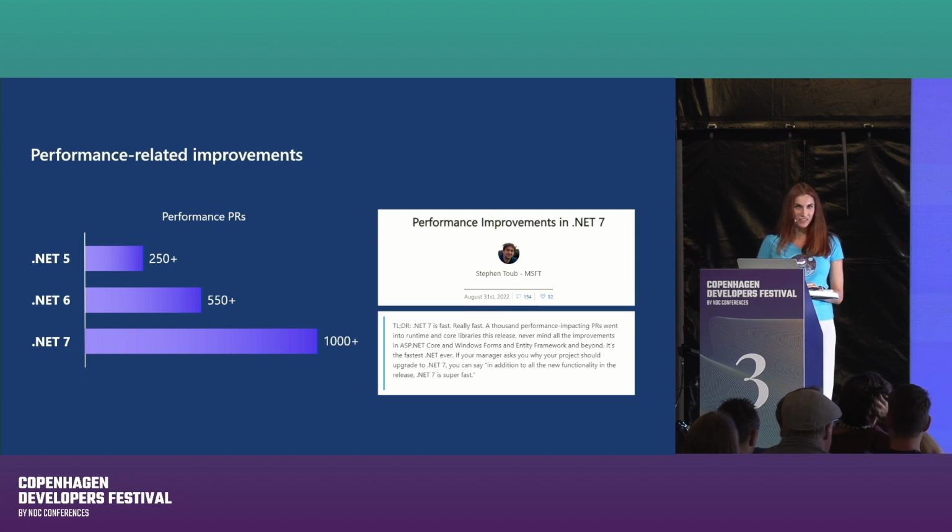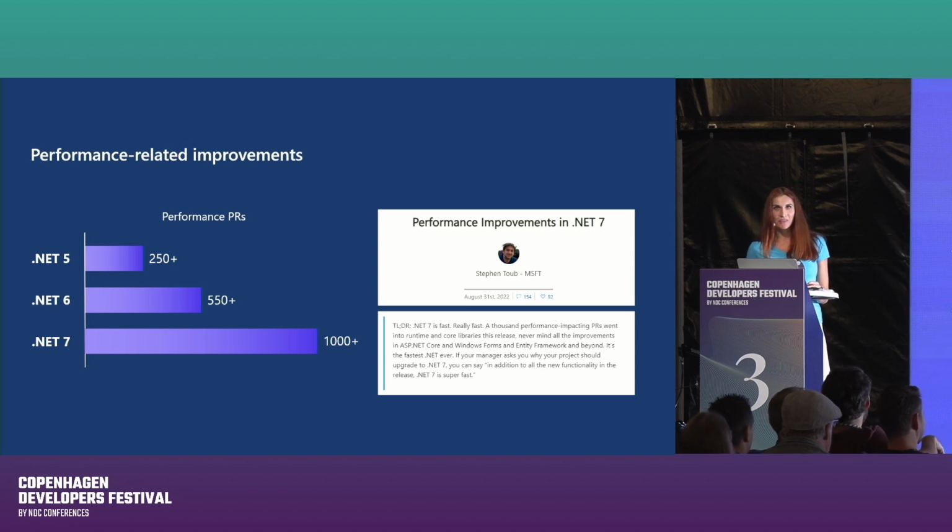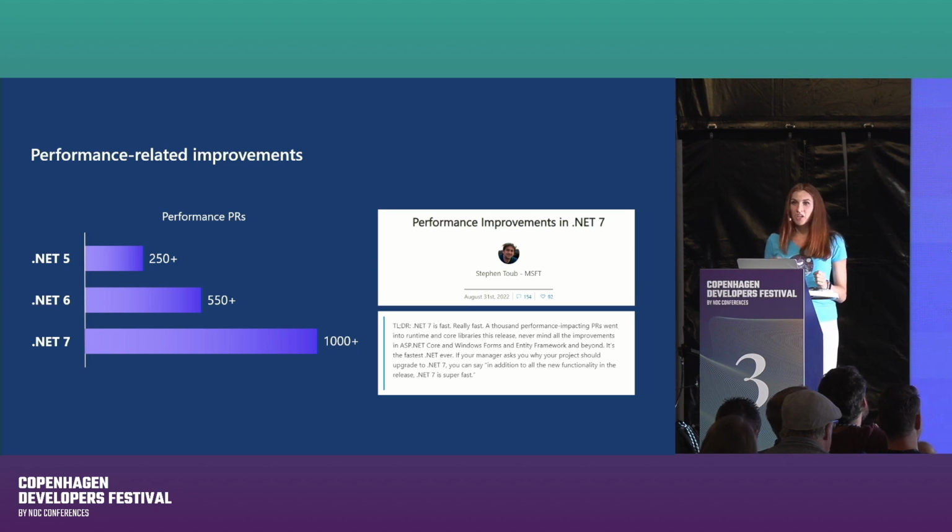So you can see .NET Core 1.0, 2, 3, .NET 5, .NET 6. For .NET 7, his article was, I think, more than 250 pages. So he goes into all the details of what we have done. And yeah, to summarize it for you, it's really, really fast. The latest .NET is the fastest.